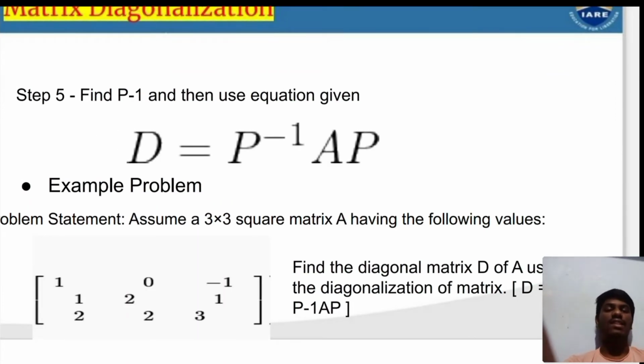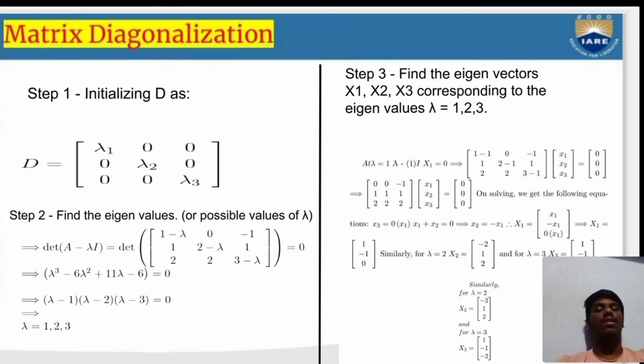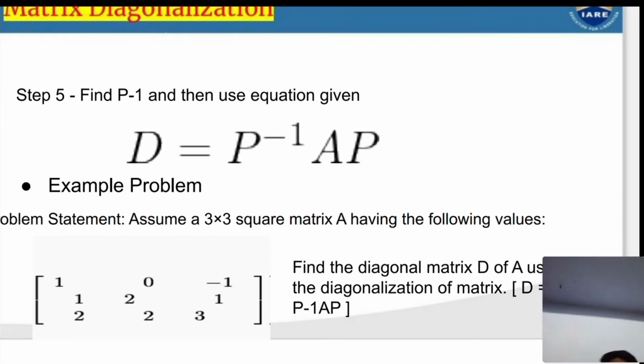Okay, the final step which we arrive at is step 5. Here we should find P inverse. As we got P in the previous slide, by using the model matrix made from the eigenvectors, in a similar way we should find P inverse by using the Gauss-Jordan method.